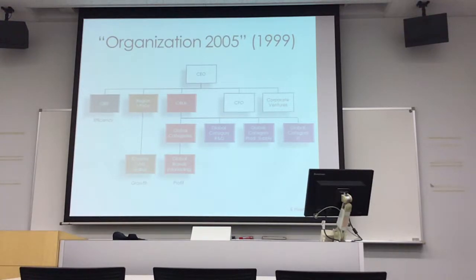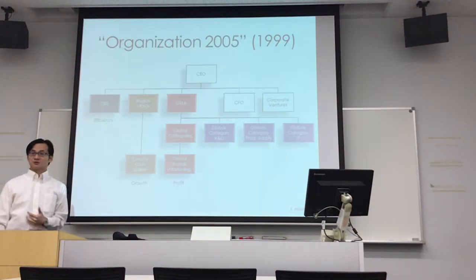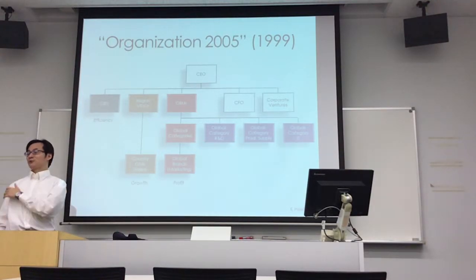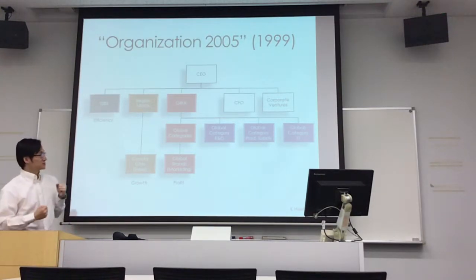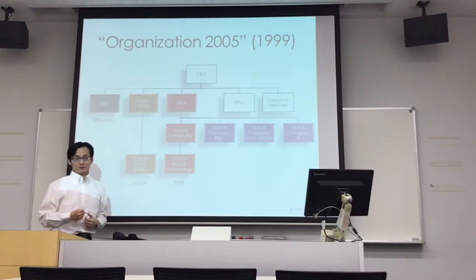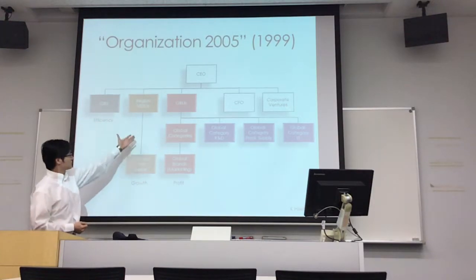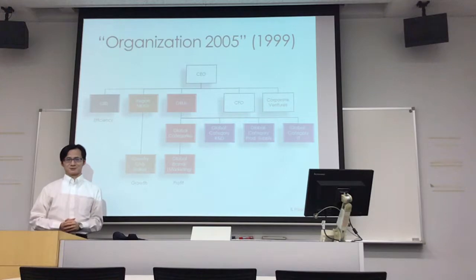Okay, if that's the organizational structure, imagine that you are in a position of a country general manager. Now you are really unhappy about the product designs offered by a particular global business unit. Under this organizational chart, what are you likely to do?